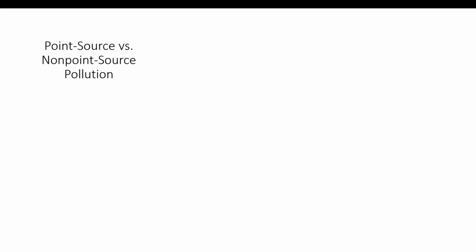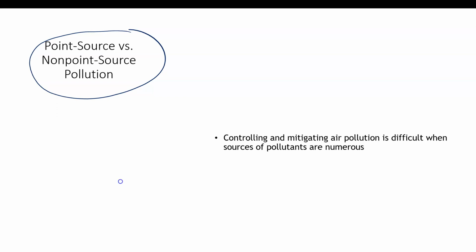All right, so we're going to move on to topic 7.6, which is reducing air pollutants. First of all, let's differentiate between two terms, point source and non-point source. This refers to both air pollution emissions and water pollution. In this context, obviously, we're going to talk about air pollution.